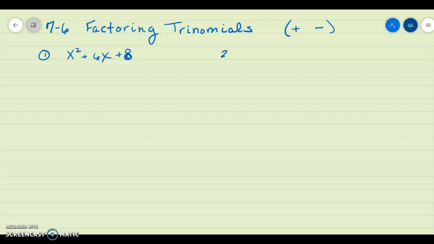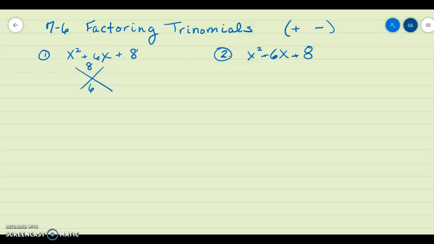The second one is x squared minus 6x and then plus 8. I want you to pause this and try to do these. These are the two that we've covered already.